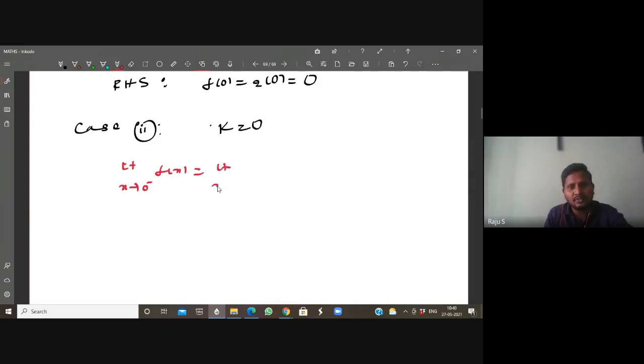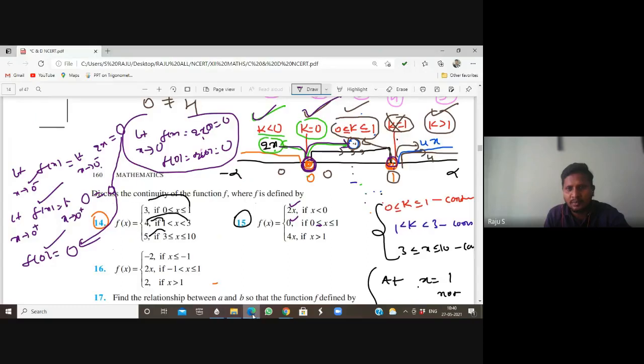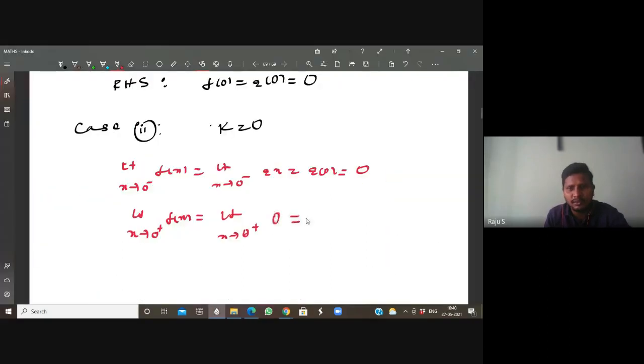What is the function value they given for 0 minus? 0 minus means lesser than 0, so 2x. Then limit x tends to 0 plus f of x. For 0 plus, the function value they given is 0. Then at x equal to 0, the function value they given is 0.